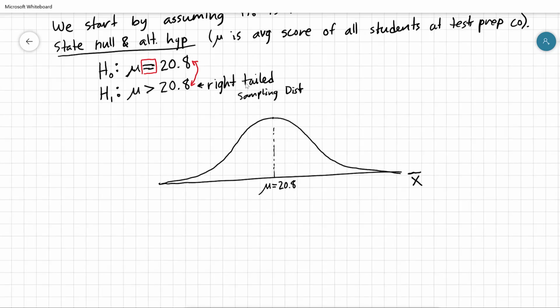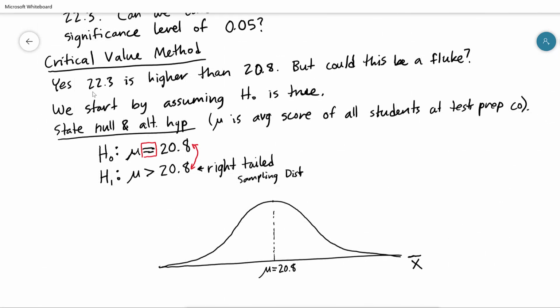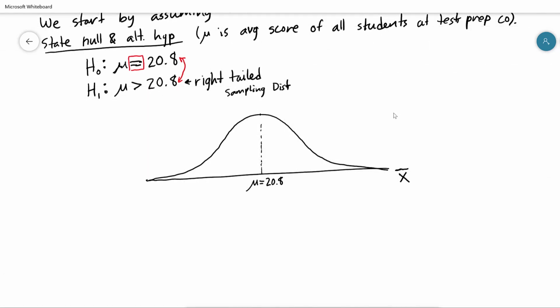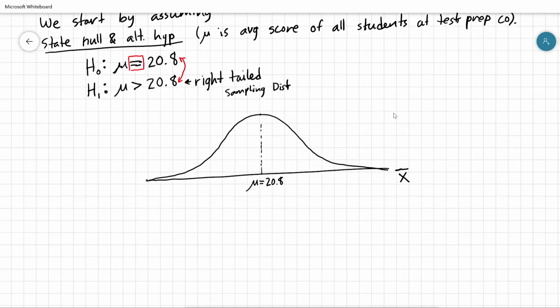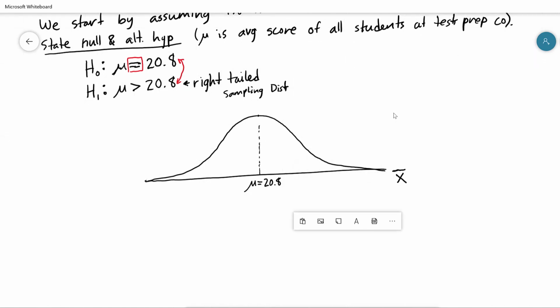And the evidence that we got is this 22.3. So the test prep company took a sample of 80 students, and they found for their 80 students that their x-bar value was 22.3.